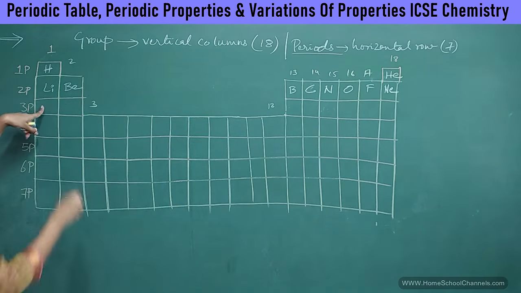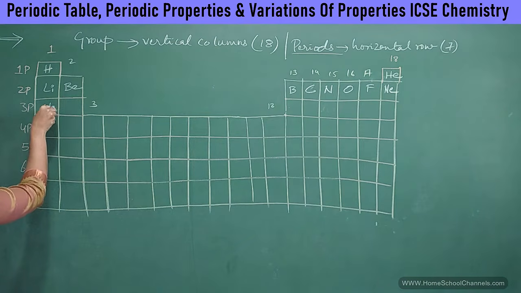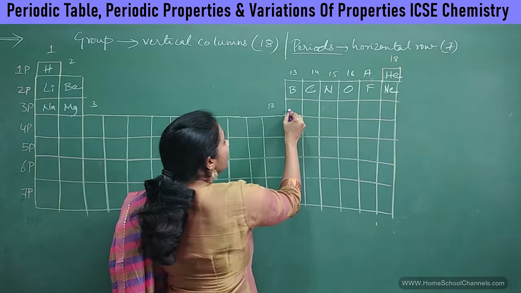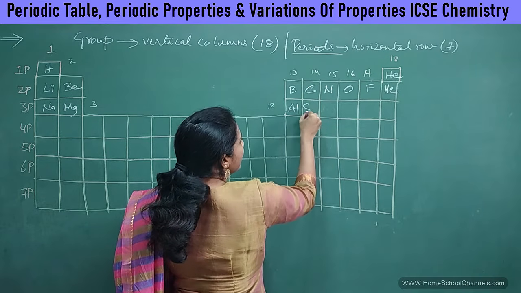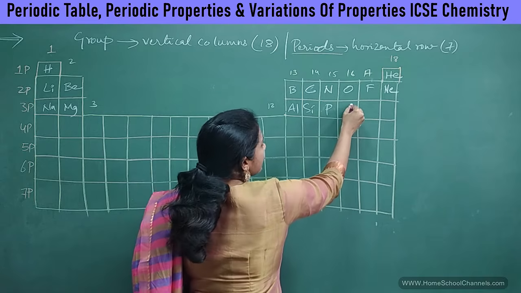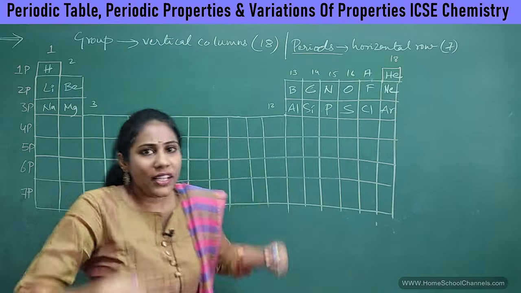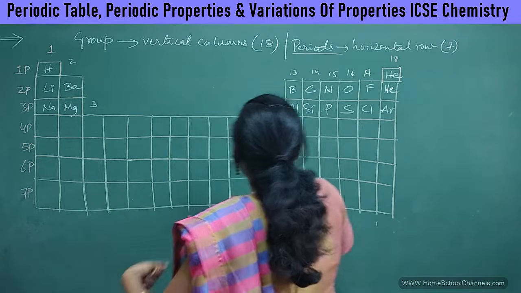Then the 11th element comes here, that is sodium. Here comes your magnesium, and below boron comes aluminium, here silicon, here phosphorus, here sulfur, here chlorine, and here argon. Like that I will fill up a few elements.